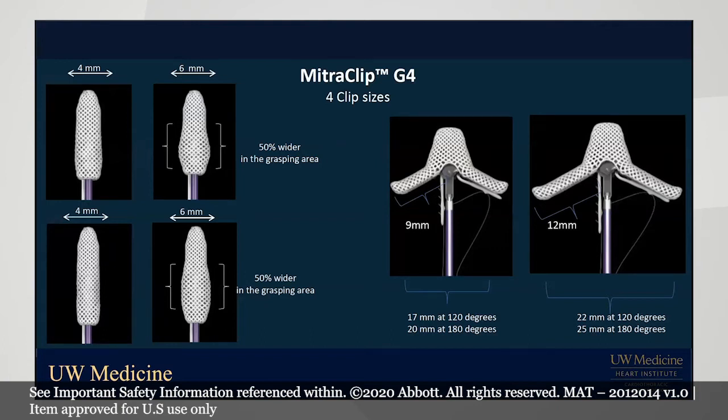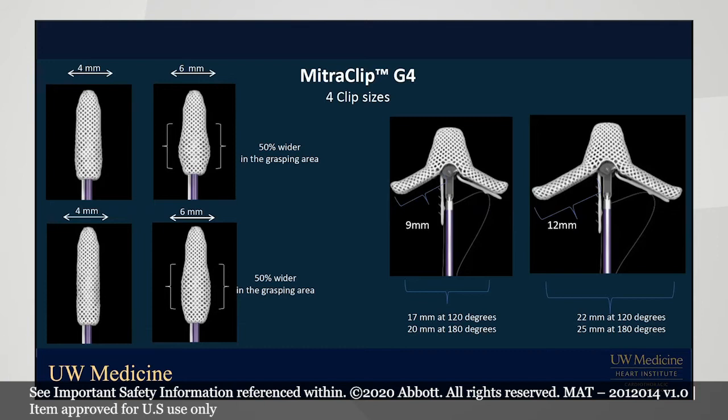Now, as we're talking about the MitraClip Generation 4 system, I want to remind ourselves that we have 50% wider clips in the grasping area. And we also have two lengths of the clip arms, where we need to look for insertion of sufficient leaflet: up to 9 millimeter leaflet length for the larger clip, which extends to 12 millimeter for the clip arm.